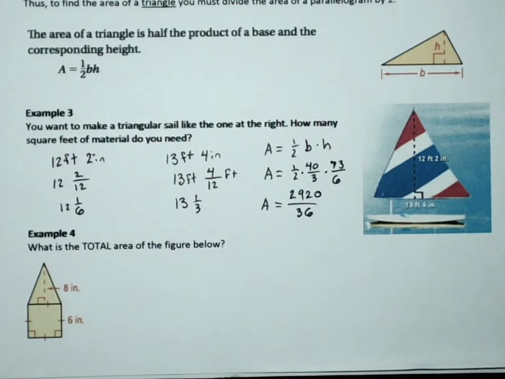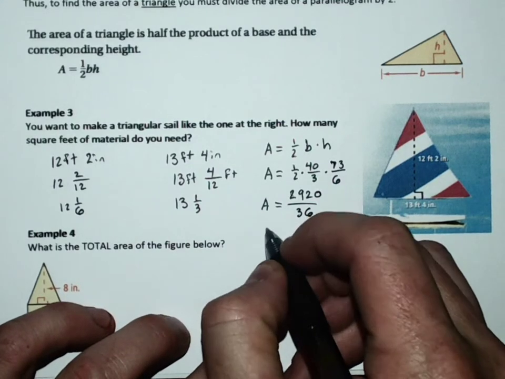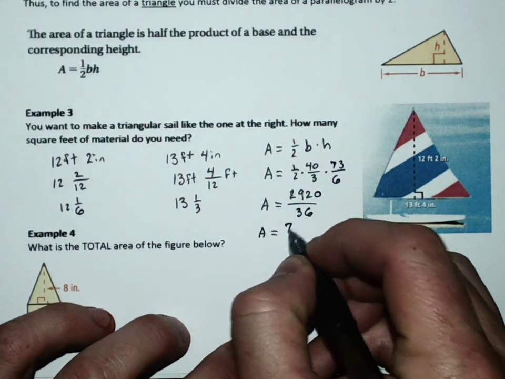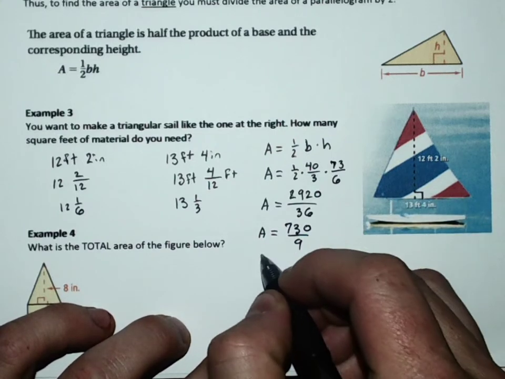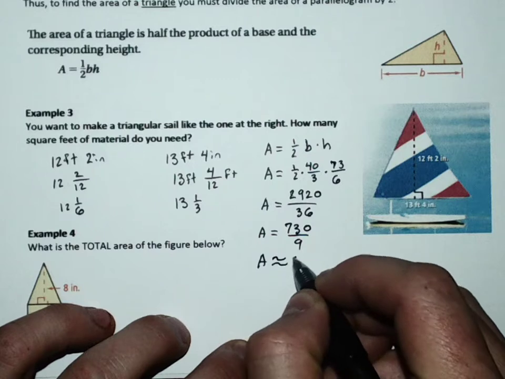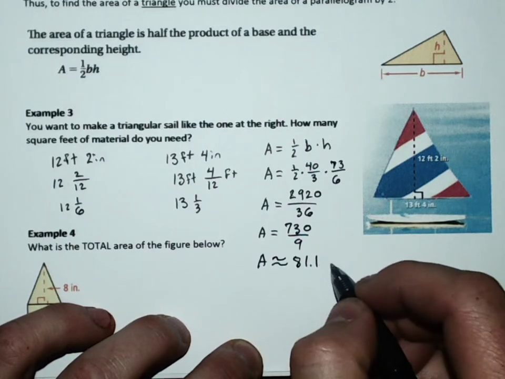Divide that by 36. Make it into a fraction. 730 over 9, or 81.1. That'd be square feet.